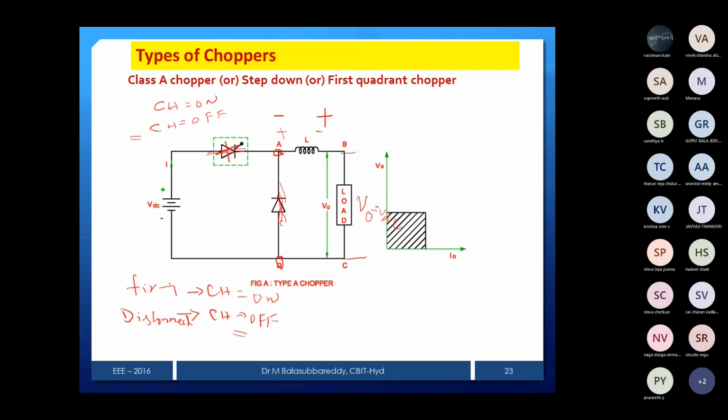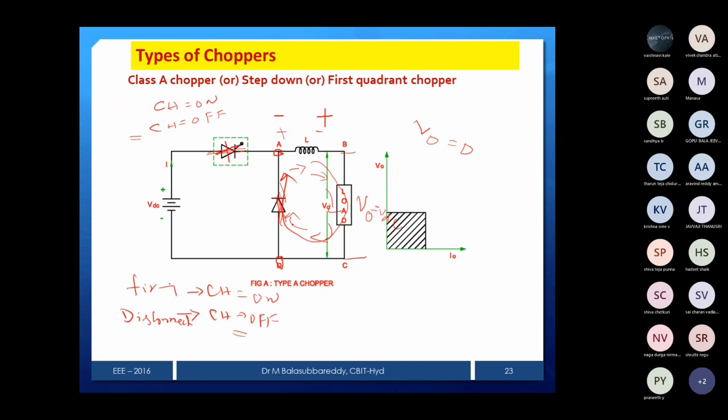If diode is on, then how will the current pass? Now you can see that from plus it goes to the load, then it goes to the diode and flows like this. Then what is your output voltage? Output voltage is 0 because the diode is short circuited.